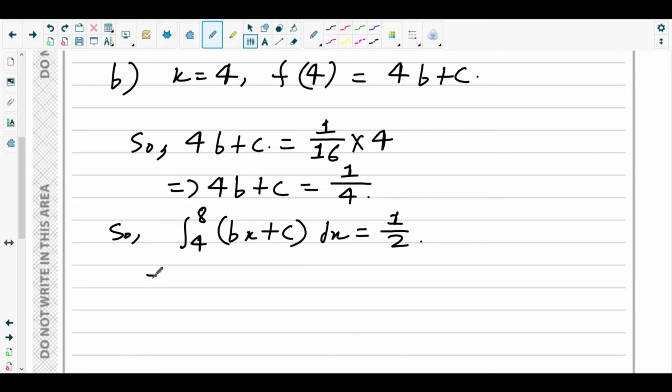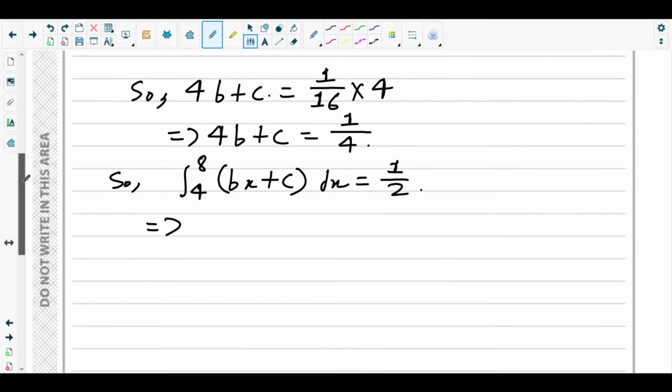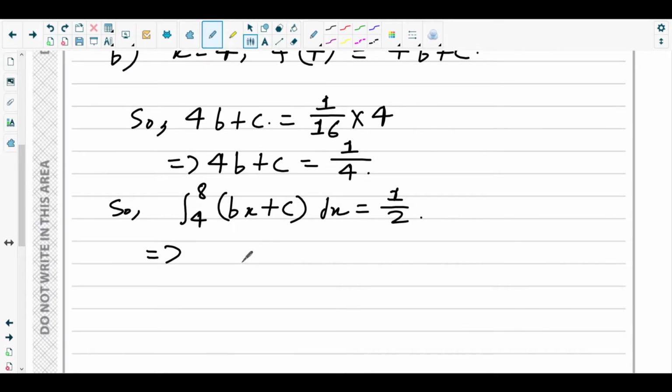Okay. What can we write here? It's a definite integral, so half of bx squared plus cx. Upper limit is 8, lower limit is 4.